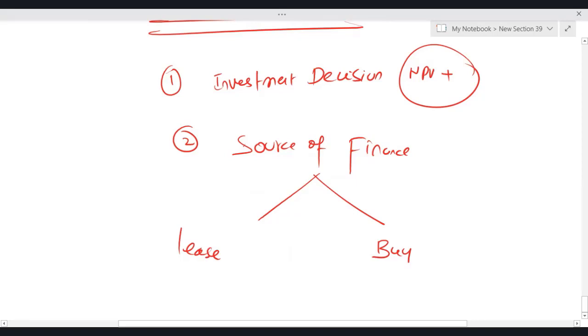So actually, we need to decide which source of finance is cheaper for us, either the lease or buy. Let me clear again. The buy means entity will take the loan to buy the asset. So buy means borrow to buy.